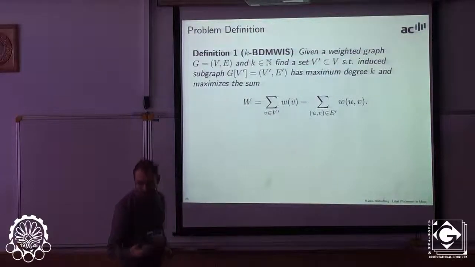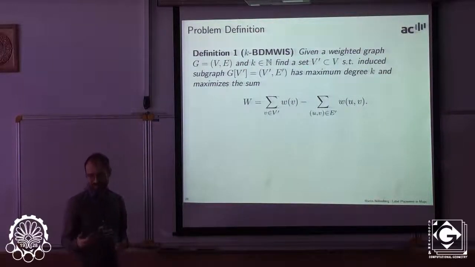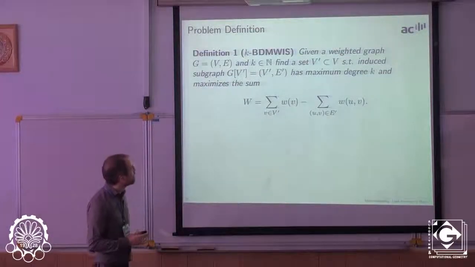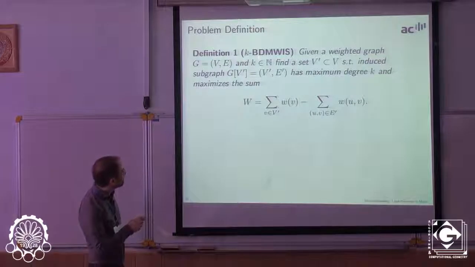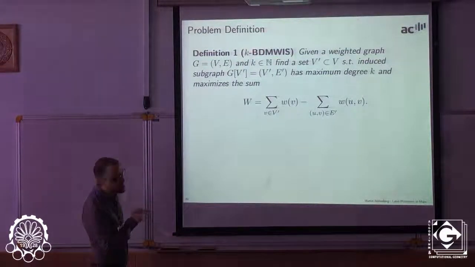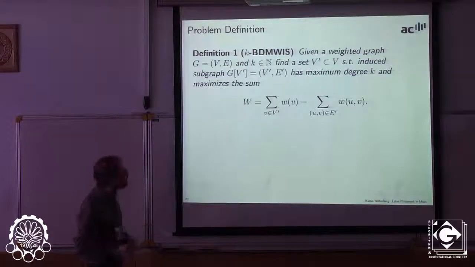So now we need to kind of try to optimize which edge set we pick from the circle graph to put it on the outside. And we define a slightly more generic problem that we call K bounded degree maximum weight independent set. That's the abbreviation here.